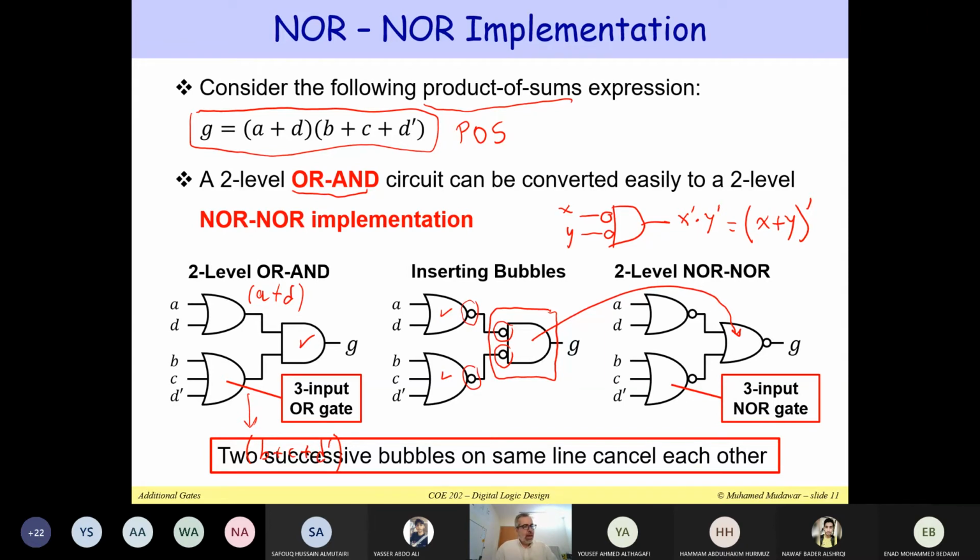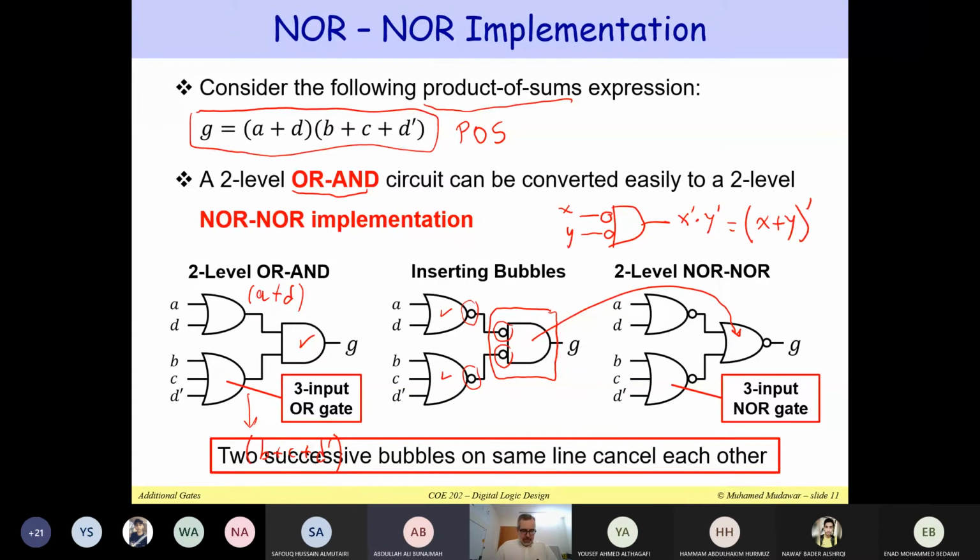So rather than having a two-level OR AND, I have converted the two-level OR AND into a two-level NOR implementation. And the trick was very simple, just inserting bubbles, and these two successive bubbles on the same line will cancel each other, and we can convert the gate. The OR was converted into a NOR, and the AND that has two inverted inputs is also converted into a NOR. Yes, questions? What's the benefit of this?